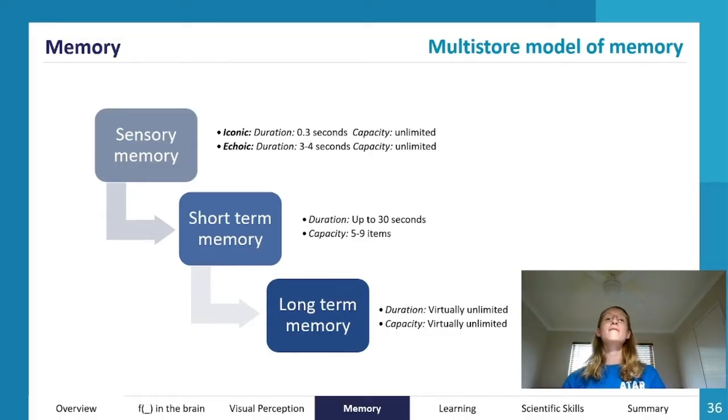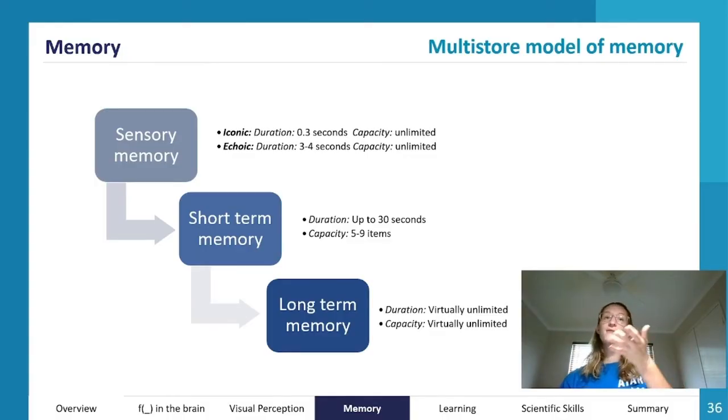Echoic is our encoding for acoustic, like sound. Some handy ways to remember that is maybe echoic, acoustic, thinking about those initial sounds and how they relate. Or for me personally, the way that I remember it is echo: you think about how you hear an echo, and then you might think that you see an icon, which is a visual thing.